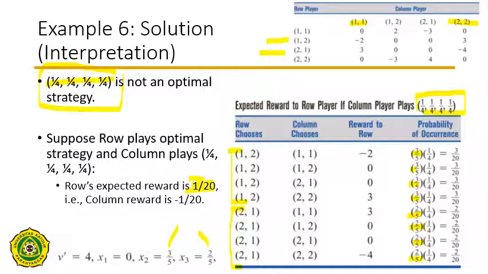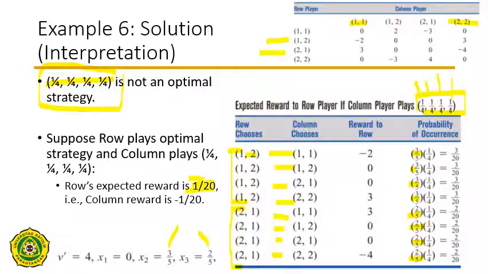Okay, now because the column player plays 1/4 for each of the possible strategies, we have 1, 1, 1, 2, 2, 1, and 2, 2, and pair it with the strategy of the row player. Okay, 1, 1, 1, 2, 2, 1, and 2, 2, and then put the reward here.